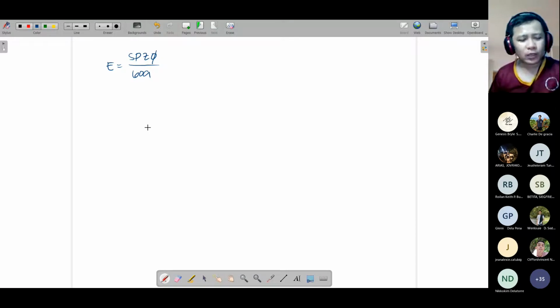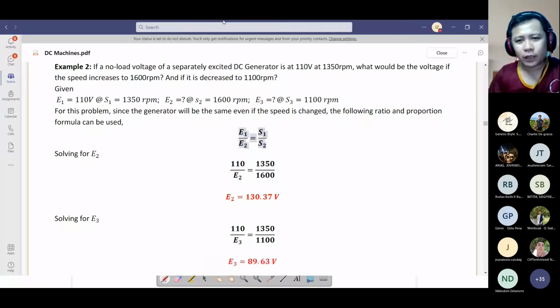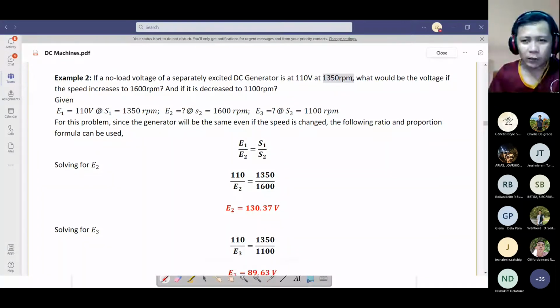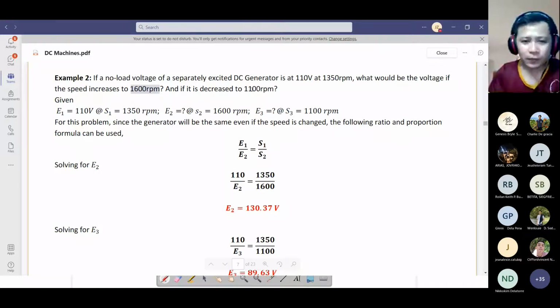Now, we have three scenarios for this problem. The first scenario is the voltage is 110 volts at a speed of 1,350 RPM. The second scenario is if the speed is increased to 1,600 RPM. And the third scenario is if the speed is decreased to 1,100 RPM.